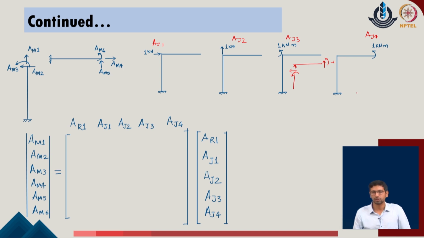As we evaluate all these components, we write them into this standard form, where all the forces calculated with respect to unit load application will be multiplied by the actual value of the load active in the direction of the structural system. That is where we connect the systems, and we call this the action transformation matrix, B of MS, because it is connecting the member system to the structural system of the given problem.